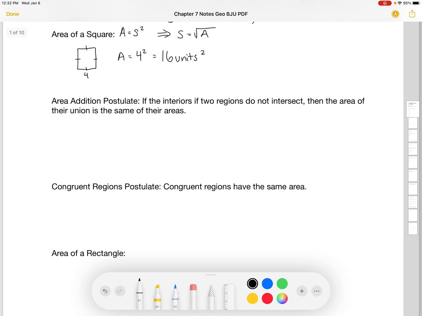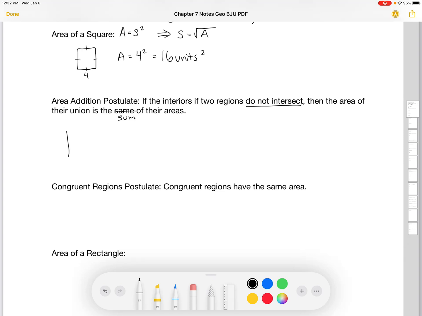The area addition postulate says if the interiors of two regions do not intersect, meaning there's no overlap between them, then the area of their union is the sum of the areas. So let's look at an example.